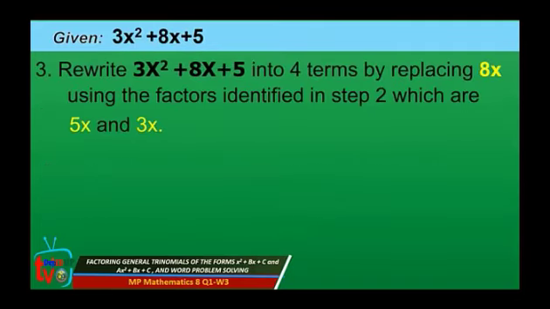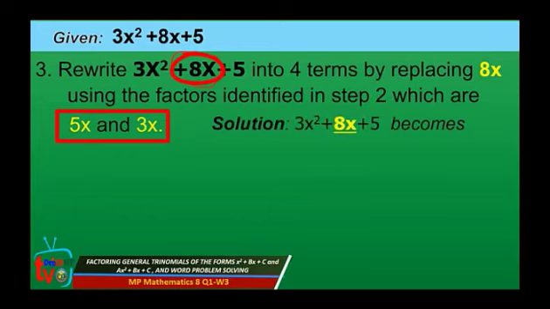Let's rewrite 3x squared plus 8x plus 5, which is the given, into 4 terms by replacing 8x, which is the middle term, using the factors identified in step 2, which are 5x and 3x. So 3x squared plus 8x plus 5 becomes 3x squared plus 5x plus 3x plus 5.